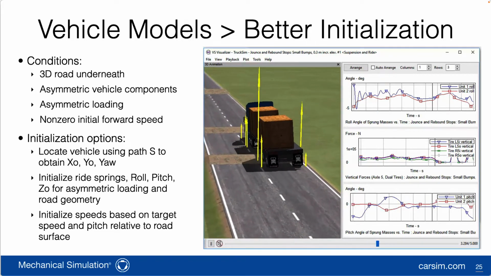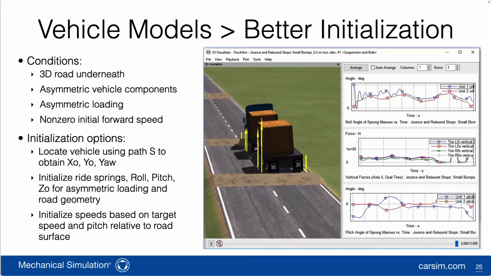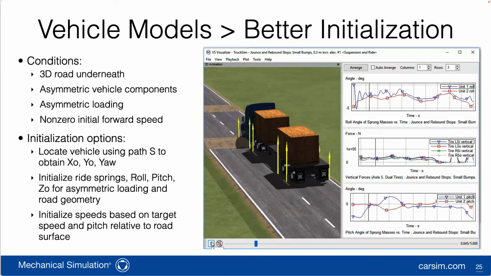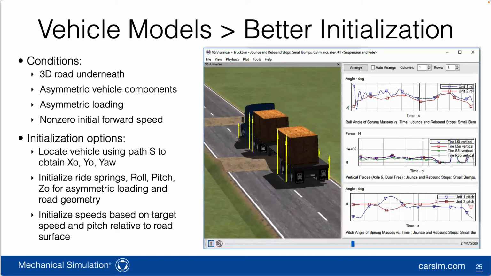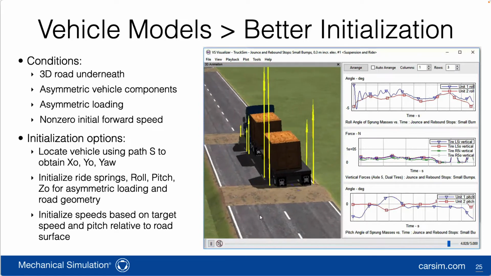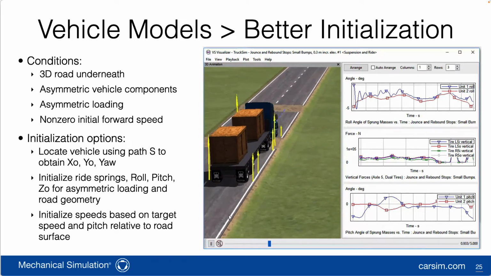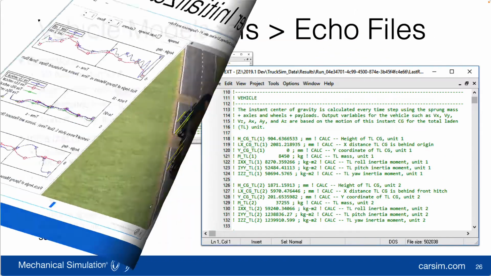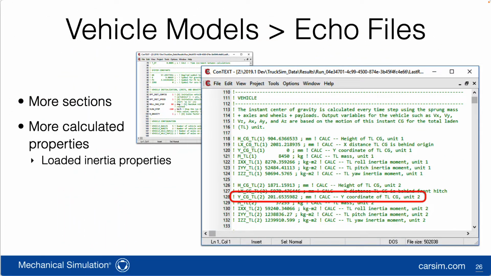We've made improvements there to do initial conditions, taking into account the asymmetric loading of the tires and the suspension springs. So we are doing the calculations, and we're also showing some of the results in the echo file, so you can use these to help diagnose the behavior and also ensure that what the model is telling you about the static conditions is what you thought they were.